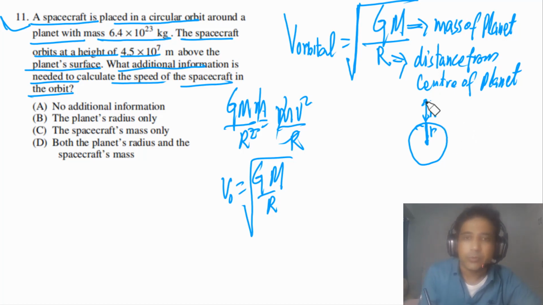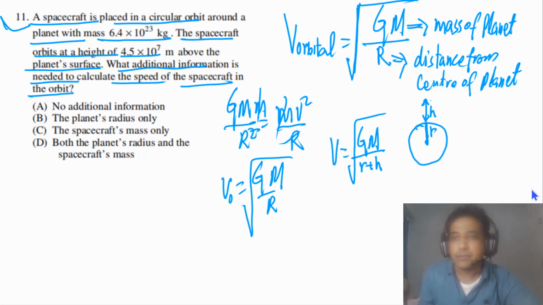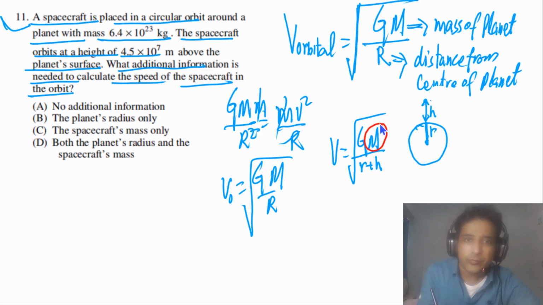Now we need to calculate the orbital speed of this spacecraft. So what do we need? If we rewrite the formula, we will write this as root of G times capital M divided by r plus h. So this is orbital speed, and in this case G is a constant and we have the value of M as well.